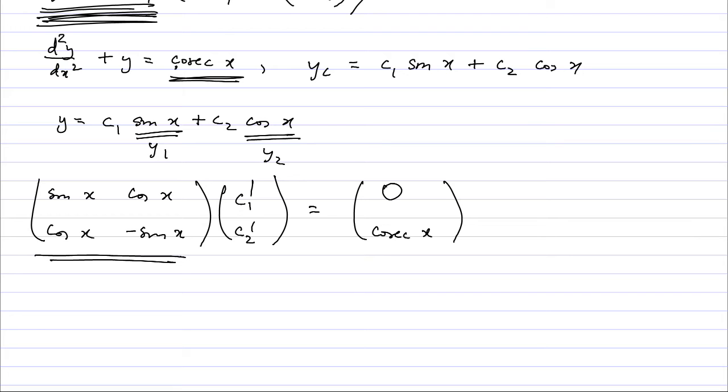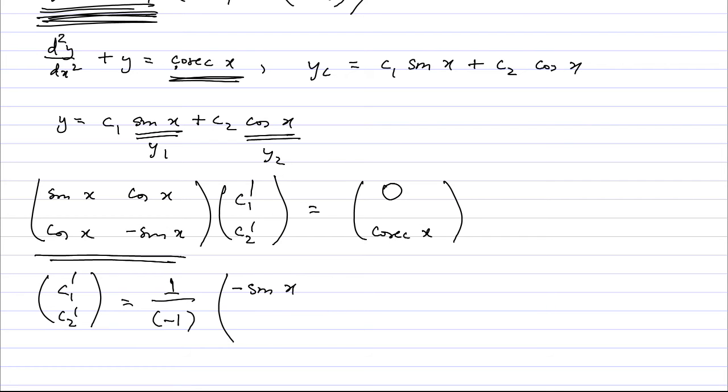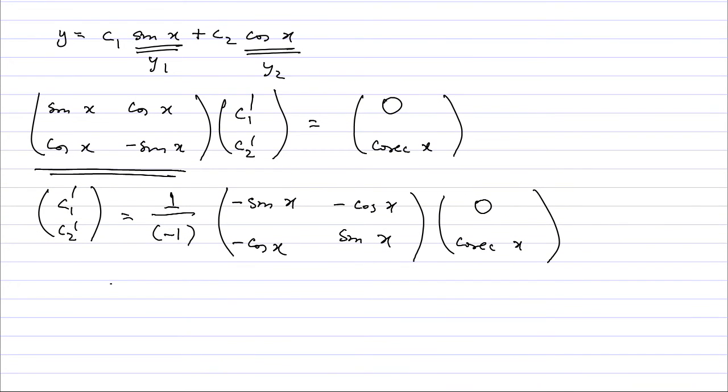So you have that c1 prime, c2 prime is given by 1 over determinant of this matrix. You get 1 over minus 1, and then you have to swap the diagonals and then tack on a minus sign onto the off diagonals to find the inverse. And so you are going to get essentially that you have sine of x, cosine of x, cosine of x minus sine of x, 0 cosecant x.